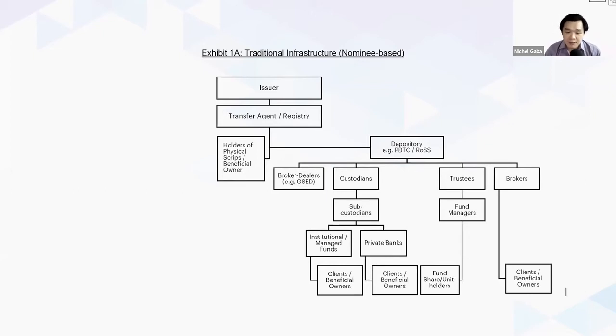For the equities market, we have the Philippine Central Depository, or PDTC, Philippine Depository and Trust Company.